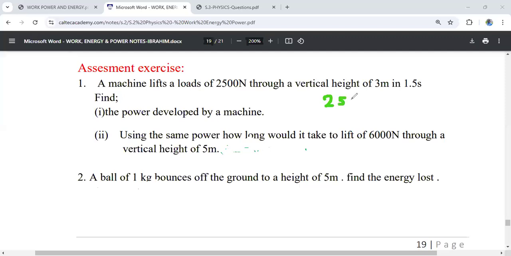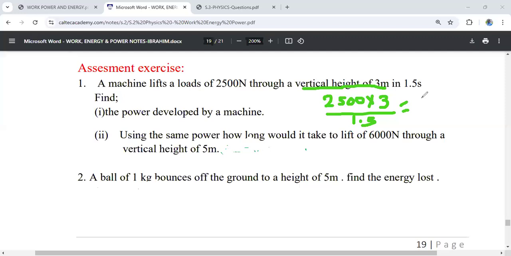So if we get that 2,500, multiply by the distance, this vertical height, which is 3 meters, and then we divide it by the time, which is 1.5.